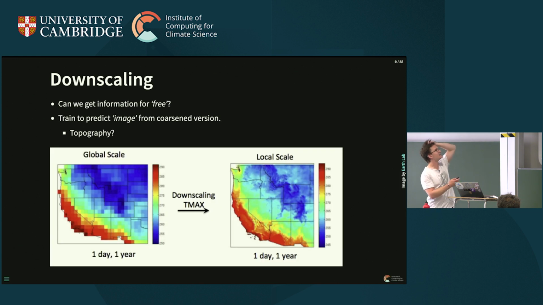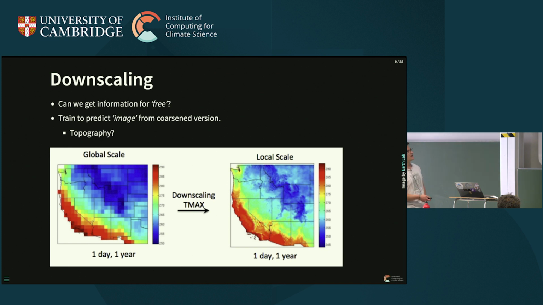So yeah, downscaling. This is trying to get information for free, and free in inverted commas because nothing is ever free. The expense you pay is when you do your training. But the idea is if you've got a nice data set that you've run at high resolution, giving you very accurate information, can you take a much coarser model and, based on the coarser model, infer the information down there?